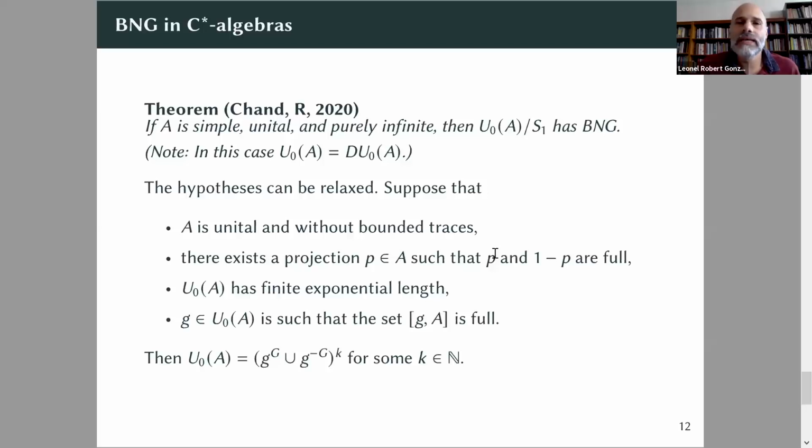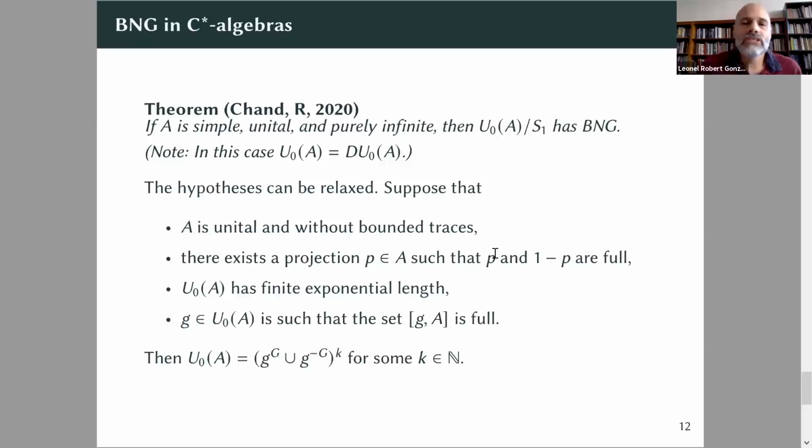So in this case, I only talk about the whole unitary group, and again the center, I denote here by S^1. And basically, we again observe bounded normal generation in the simple purely infinite case.